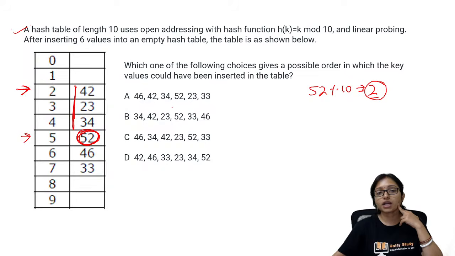So in my option I will check 52, after that 23 is not possible, before that 23 should be there. That's why we can eliminate this option.